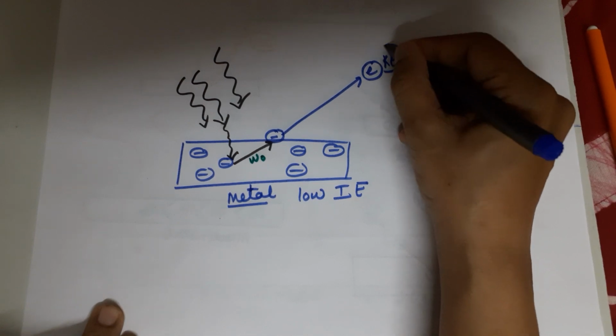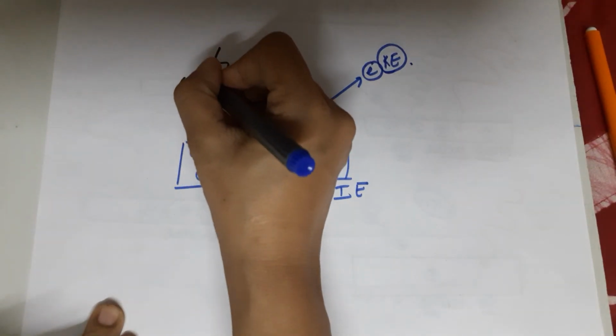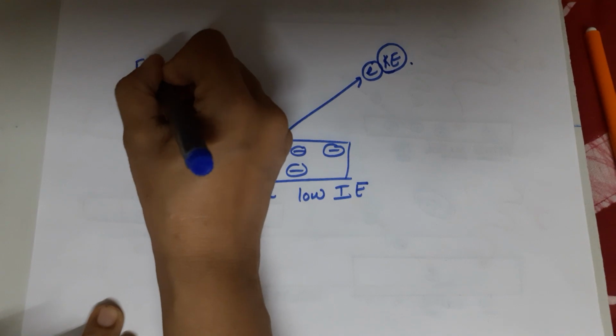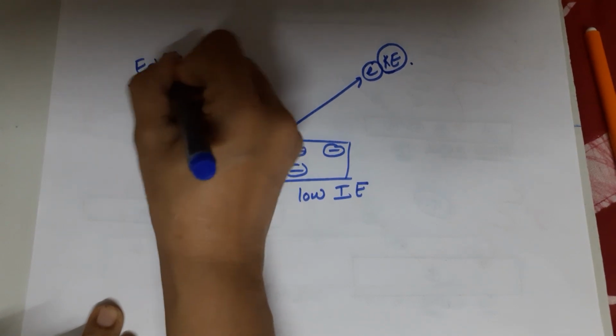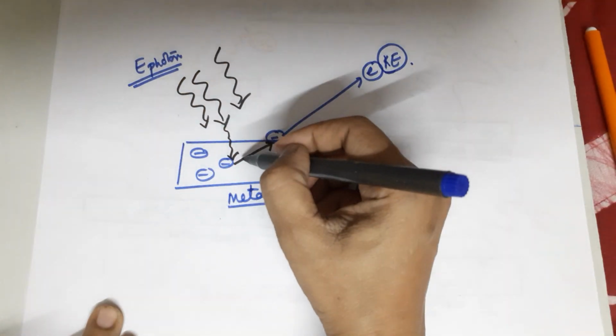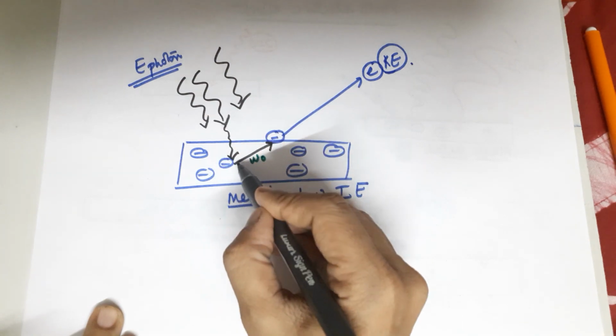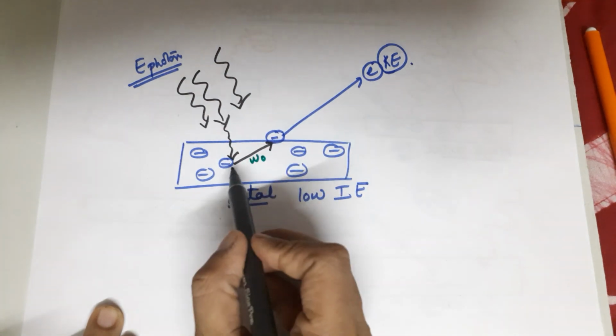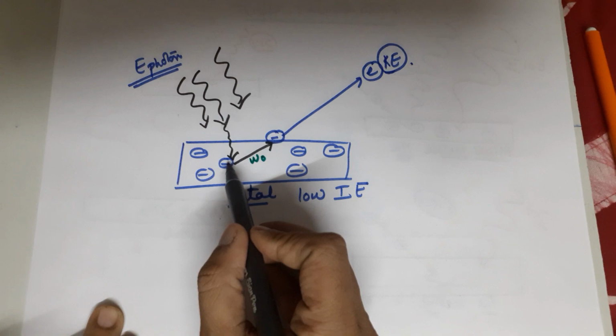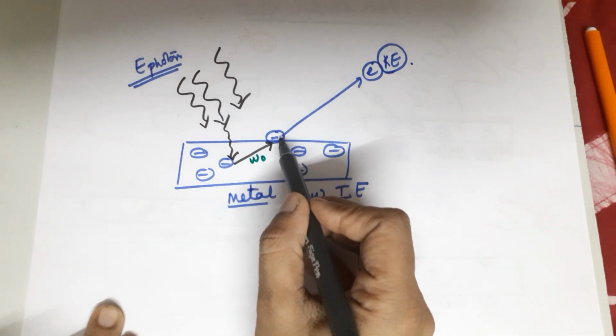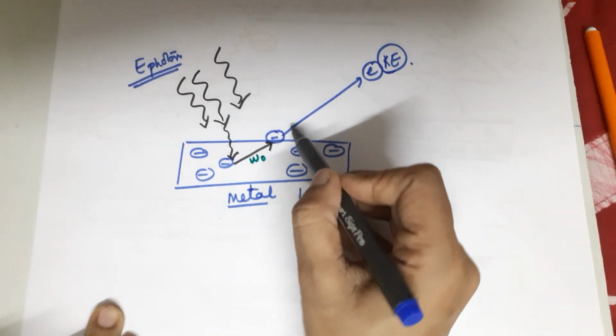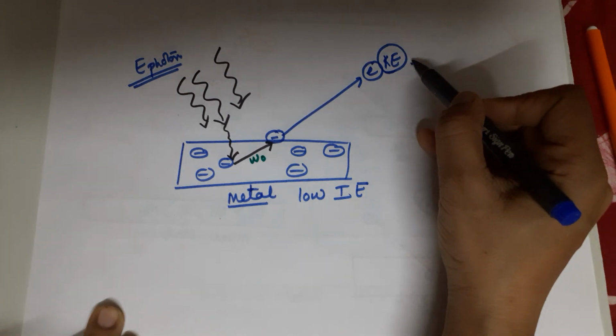kinetic energy. Which means your light had the energy of the photon, and the energy of the photon hits onto the electron and we find the energy is used in two things. First, the work function: bring the electron out from here, just to remove it from the surface. And after that you require the kinetic energy.